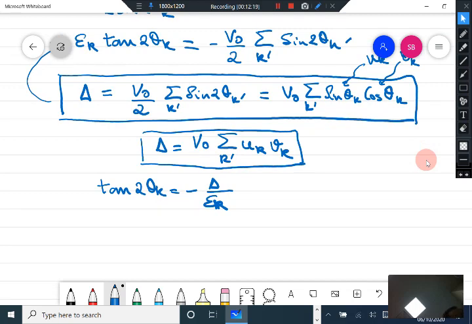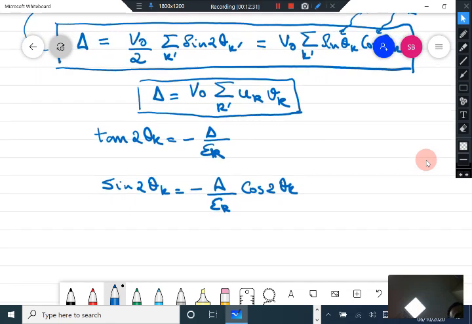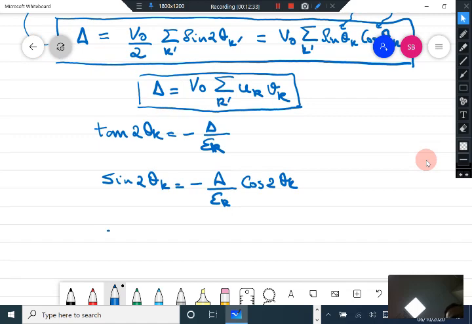This also tells you that sine 2 theta k is minus delta over Ek cos 2 theta k, or twice of uk into vk is minus delta over Ek cos 2 theta k.